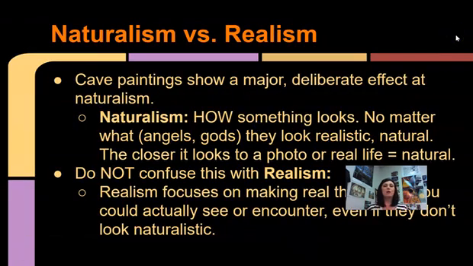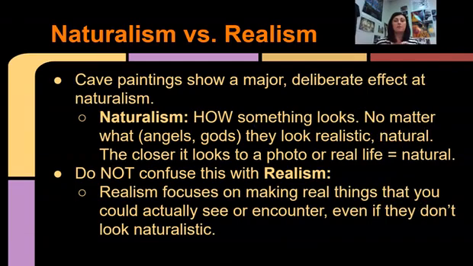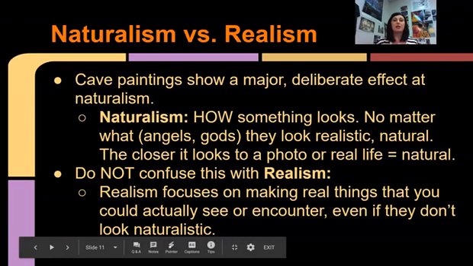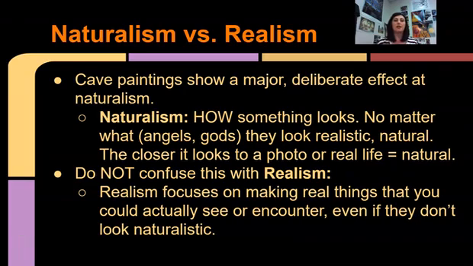So here is what we see, and this is another two terms for you to understand before we get into this, all right? Cave paintings show us that the artists who created them were deliberately trying to make them look extremely natural. Now, what does natural mean, right? Natural is about how something looks, all right? No matter what it is, whether it's an angel or a god or goddess or an animal, natural is about making them look as realistic as you possibly can, all right?